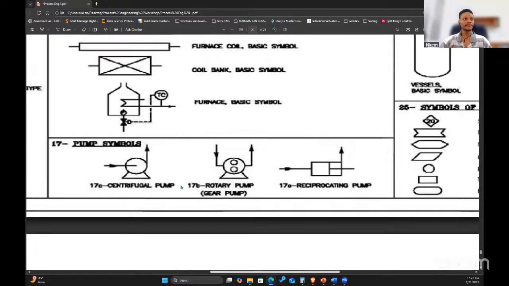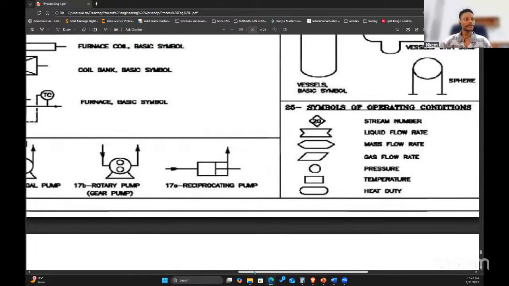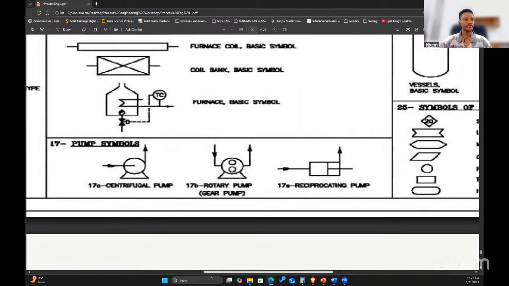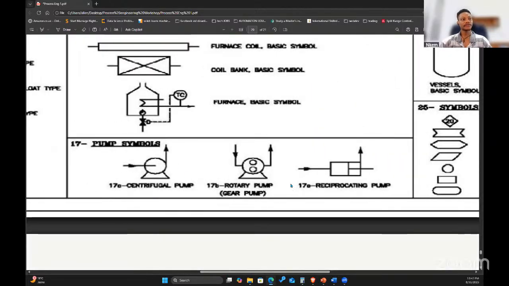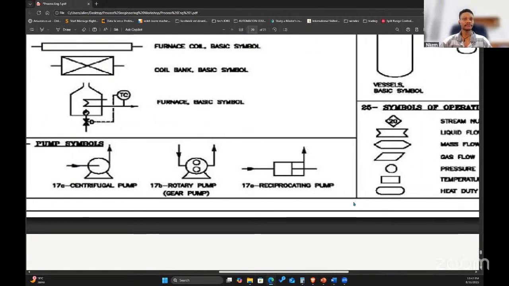Now the pumps, you have centrifugal, the rotary pump, the reciprocating pump. So this is a symbol for your pump. This is almost the most common symbol for a pump. Whenever you see this centrifugal, it moves like this, goes this way, out. Then you have the rotary pump, you have the reciprocating pump, okay?